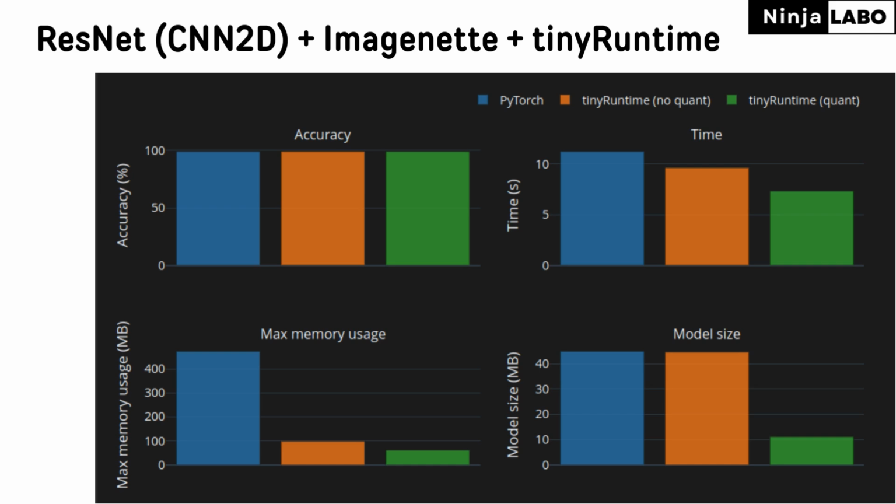So, keeping the accuracy the same as the original, the execution time gets smaller and smaller, maximum runtime memory usage is drastically reduced, and model size is also reduced. While maintaining the original accuracy, we significantly reduced the memory footprint. This is suitable for edge computing without a GPU in a cloud data center.